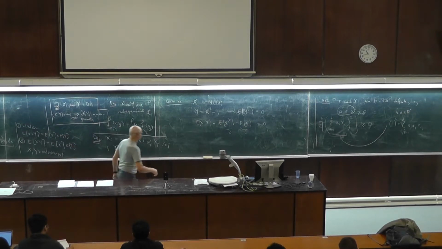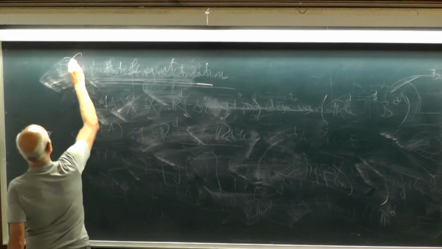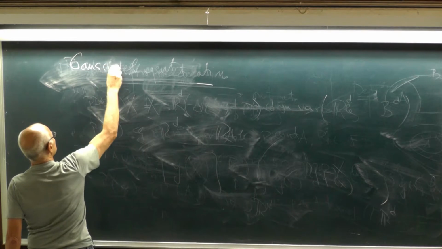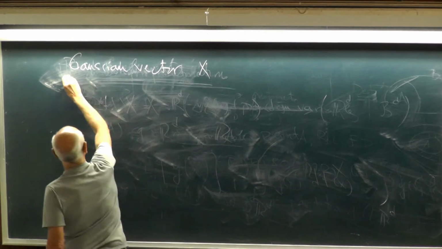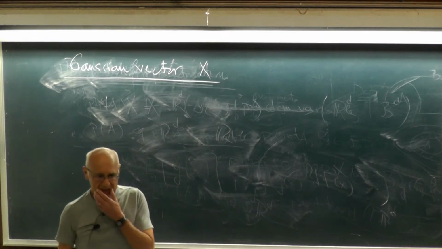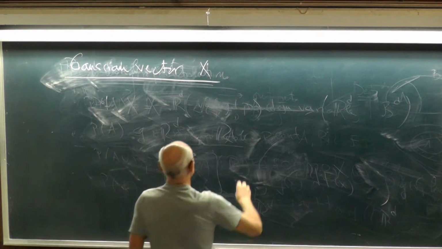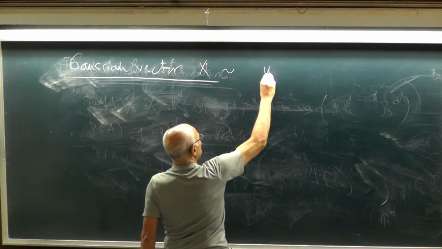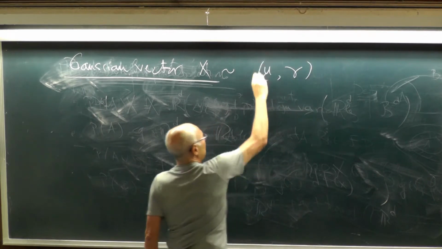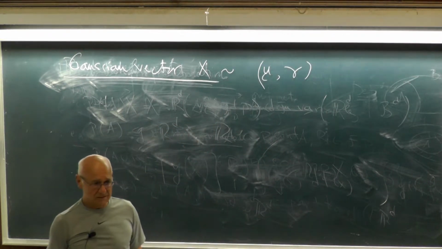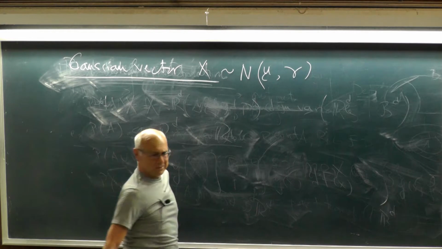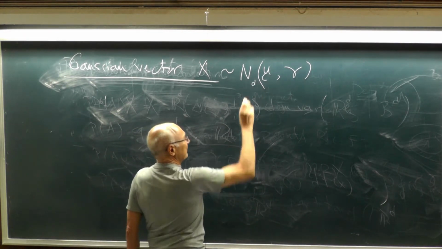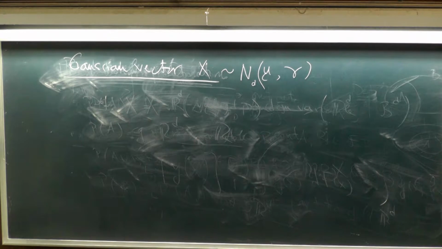Okay, Gaussian. So Gaussian vector X with mean mu and covariance matrix gamma, and usually we denote this by saying N, and if we're really very careful, put a d here to indicate that it's the d-dimensional vector.